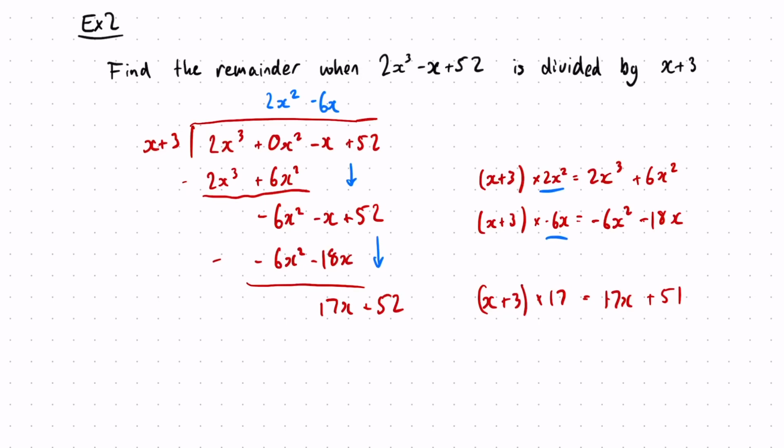So I'm going to take away my 17x plus 51 from this, leaving me with a remainder of 1. And the 17 goes up there. So our remainder is 1.